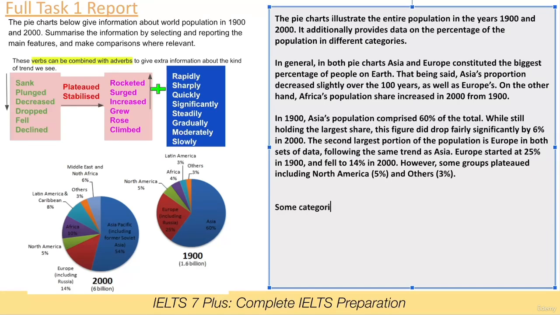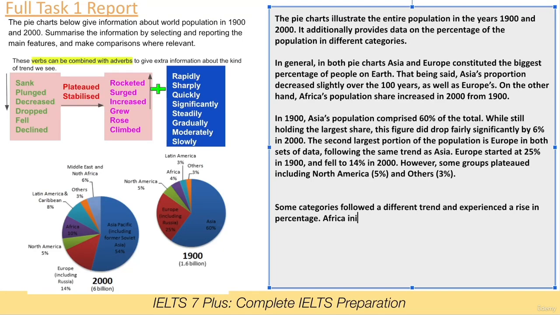Some categories, we used, followed a different trend. Some categories followed a different trend and experienced a rise in percentage.